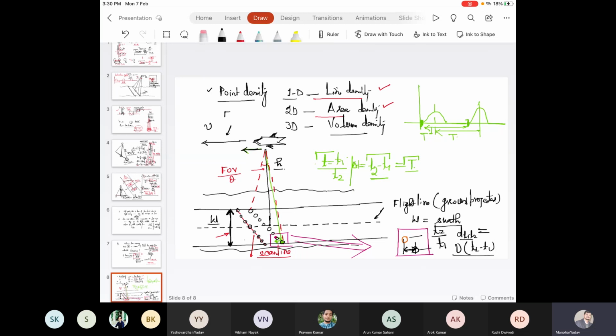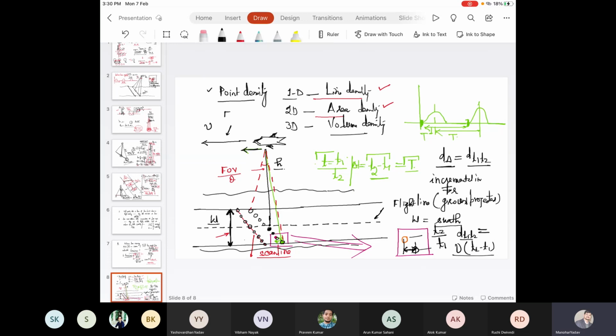Similarly, the next laser pulse comes after 2T time, then further. So there is an incremental shift in the forward direction. We can say this is D delta is equal to D t1 t2. See, this D delta is an incremental shift in the forward direction.